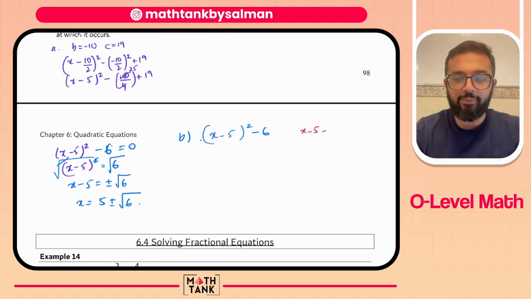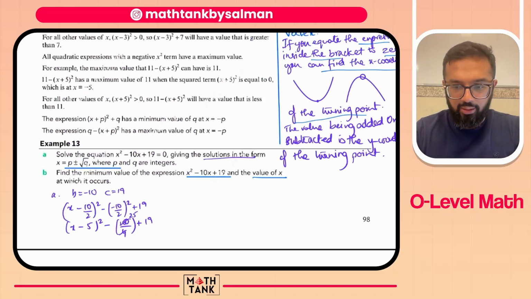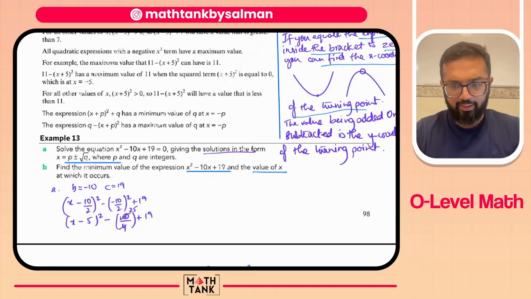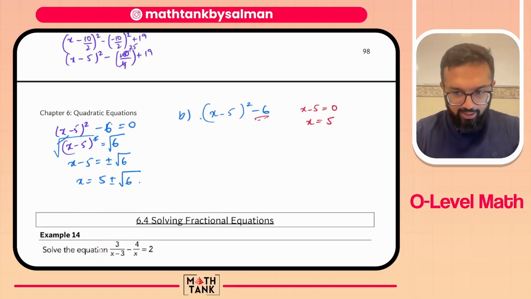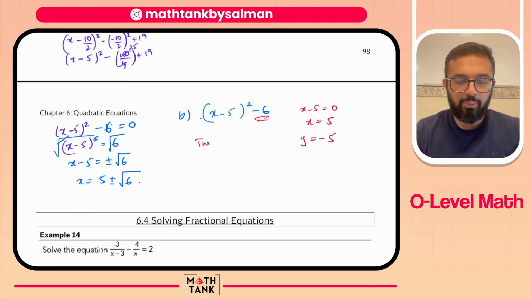It's x minus 5. So that equals 0, so x equals 5. What is the y coordinate of the turning point? The value being added or subtracted is the y coordinate of the turning point. So that's minus 6. The y is minus 6. So what is the turning point then? The turning point is 5 comma minus 6.